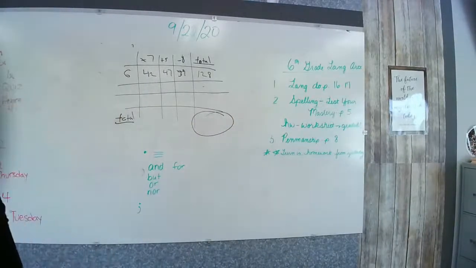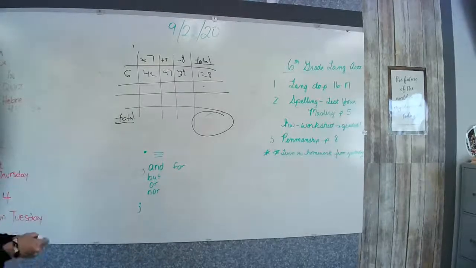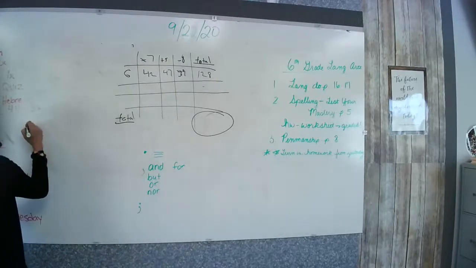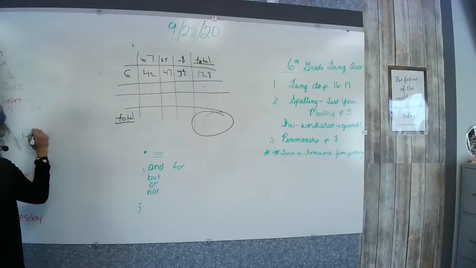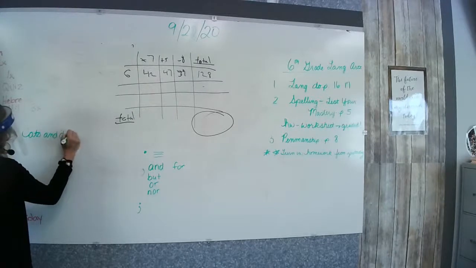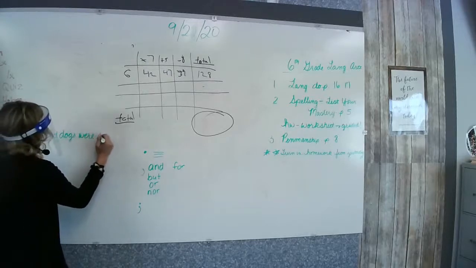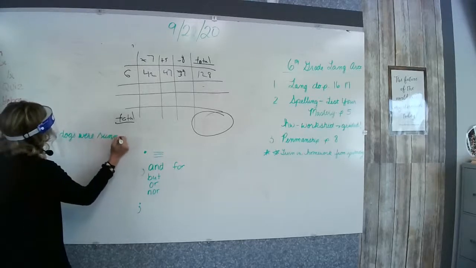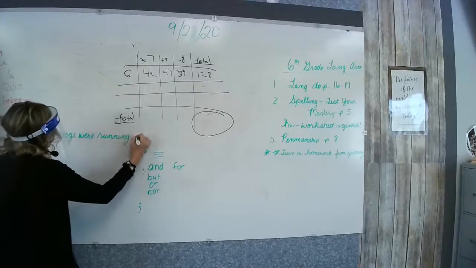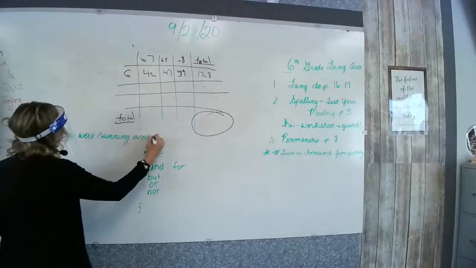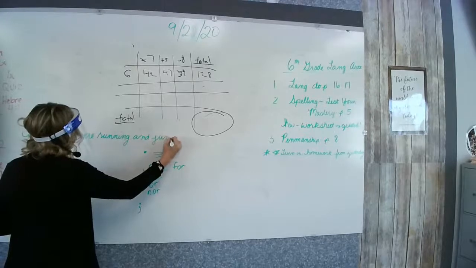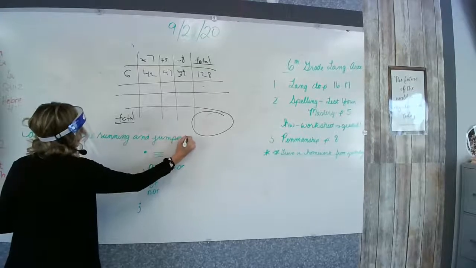Because what it means is, for example, if you said cats and dogs were running and jumping. This is a silly sentence, okay, but it gives a good illustration of what I'm talking about here. Cats and dogs were running and jumping.